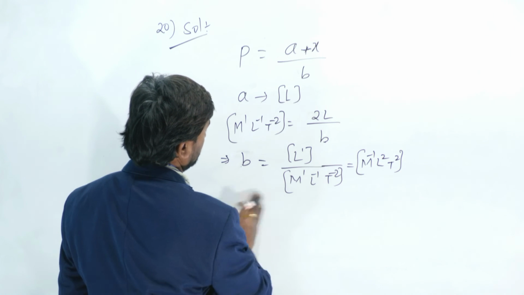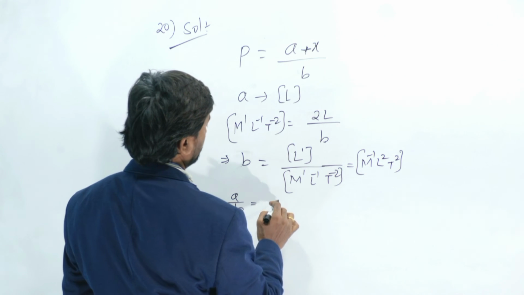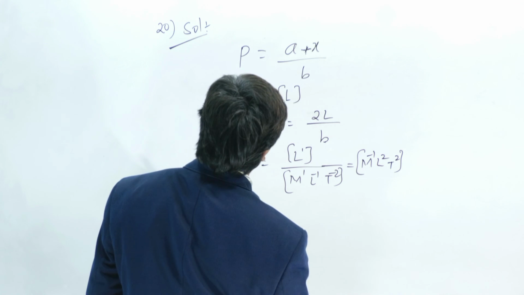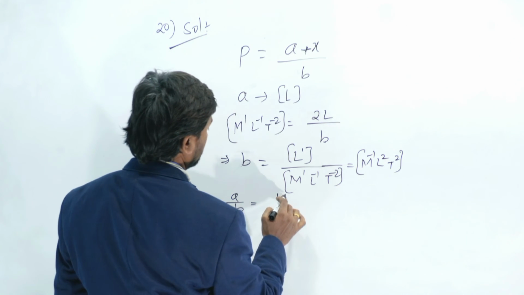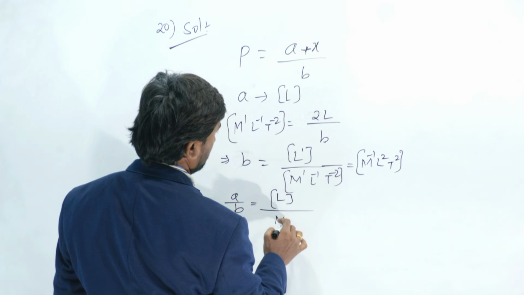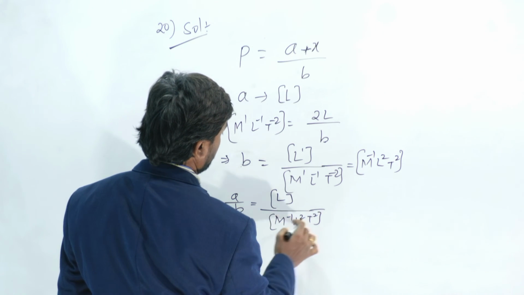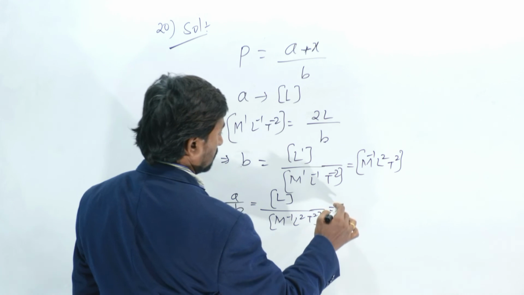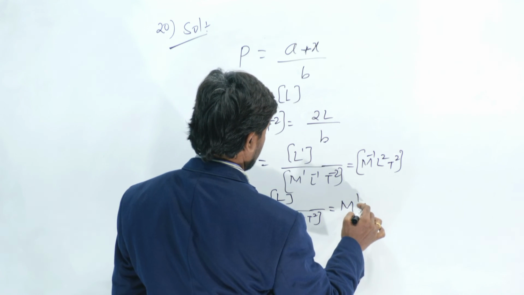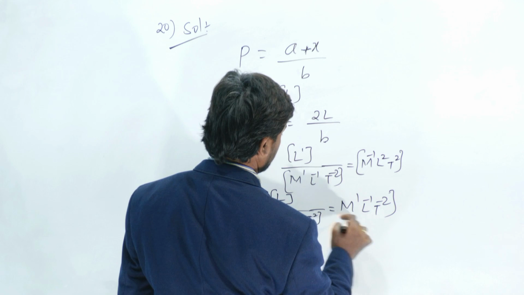So they are asking here A by B. A is L divided by M power minus 1, L square, T power 2. So we will get M power 1, L power minus 1, T power minus 2.